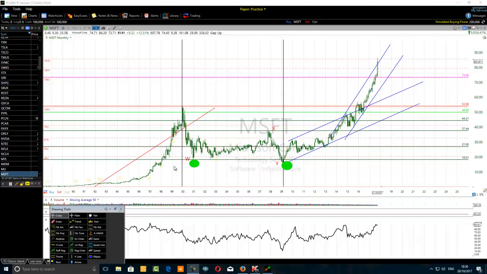So the correction may be prolonged after you have identified one WXY wave pattern. Where the WXY Elliott wave pattern becomes very powerful is that at the end of that pattern, we will see a new trend.